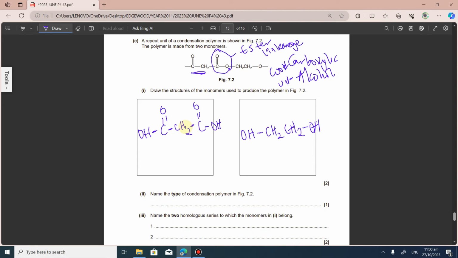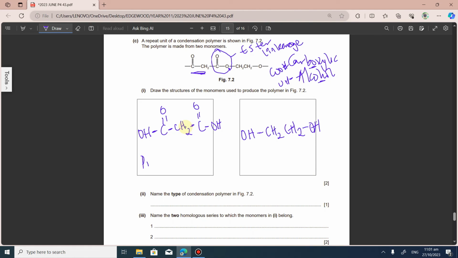Remember, we established that since there is an ester linkage, and esters are formed when carboxylic acid and alcohol come together. So that is how we're able to form this. Now that we know how to get that, it's now left for us to name the carboxylic acid and the alcohol. So in this case, this is propan, because there are 3 carbon atoms.